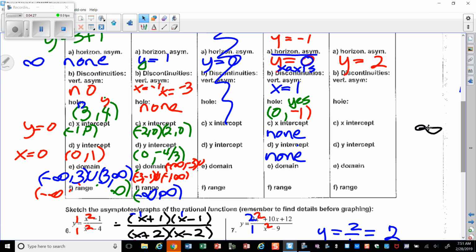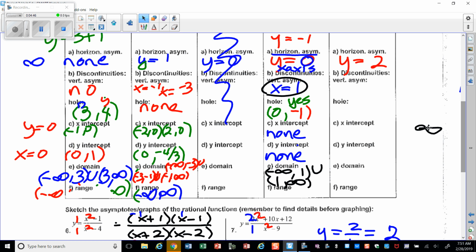So those would be my 2 intervals. My domain is going to be negative infinity to 1, and then I pick up at 1 and go to positive infinity. The vertical asymptote kind of tells you the domain. So that's the domain.